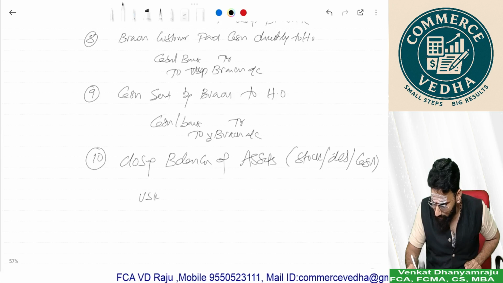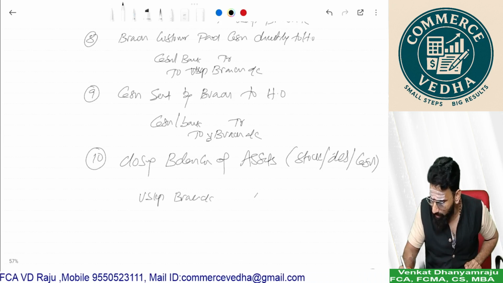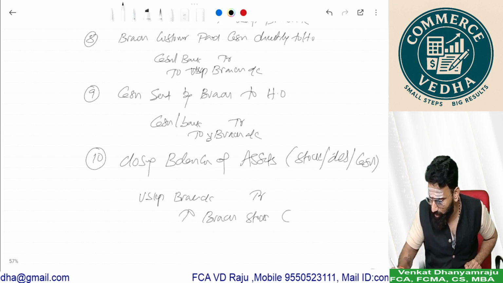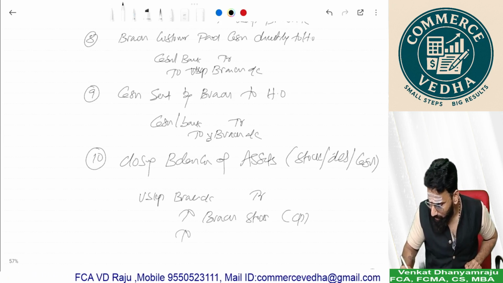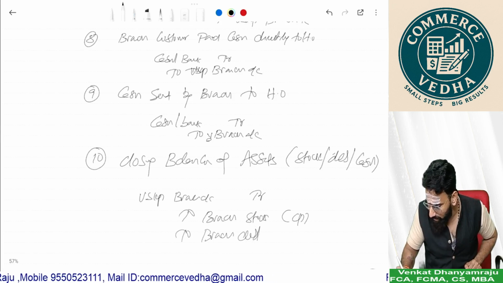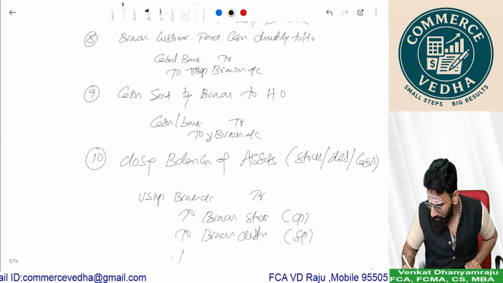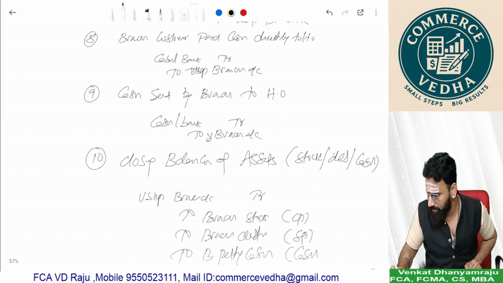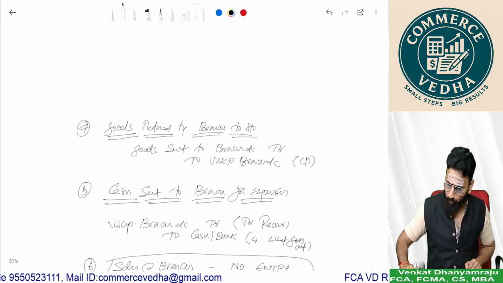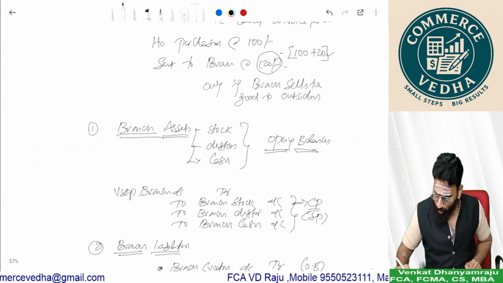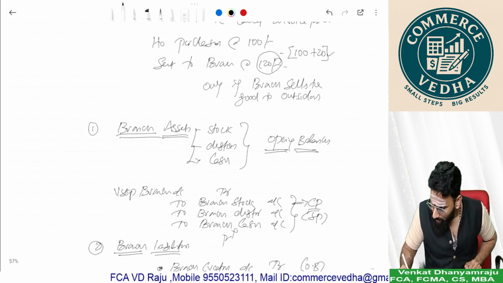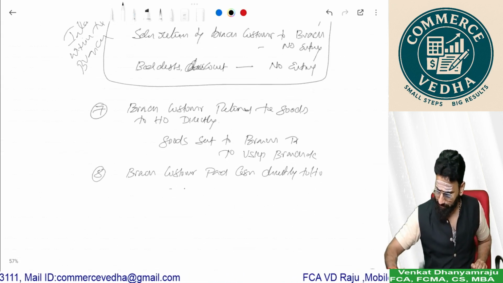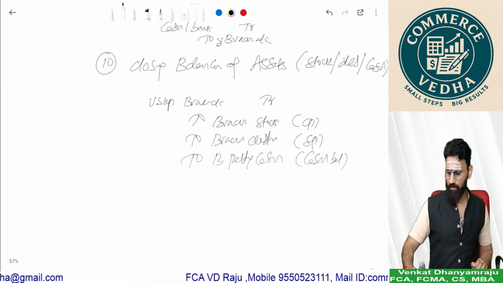So we should write Visakhapatnam branch account debit to branch stock, if at all there is closing stock, at cost price, to branch debtors, at selling price, to branch petty cash, cash balance. In the opening also, better to mention petty cash because you need to send regular cash to the head office. You can't keep it, being a dependent branch. Petty cash. Closing also done.